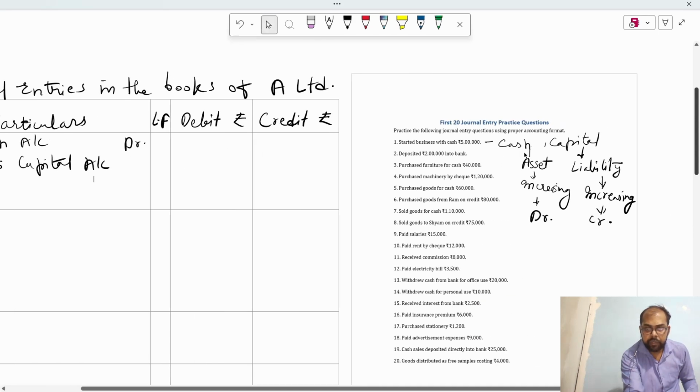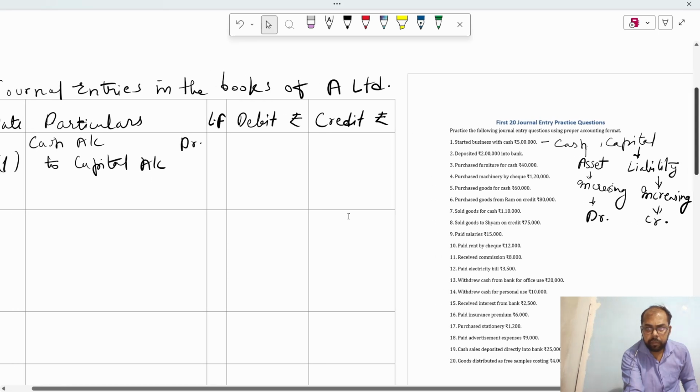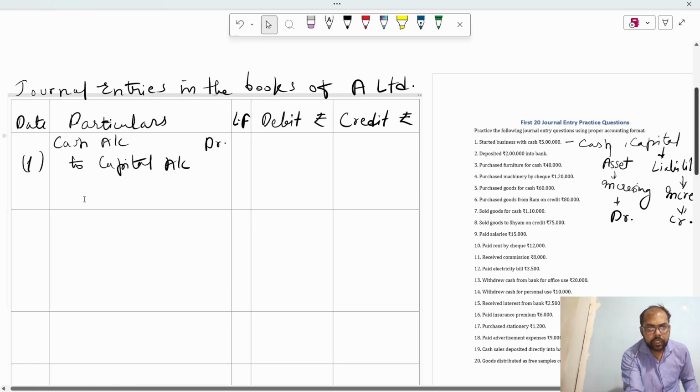We identified first of all that cash is an asset, and then we saw that it is increasing, and then we debited it. For the capital, we followed the same steps. First of all, we categorized it as a liability, and we saw that it is increasing, and therefore we credited it. So this is the proper way of journalizing a transaction.